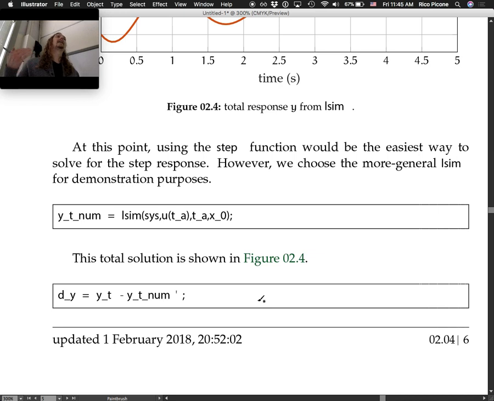So you can look up the documentation on step, it's great. Although we are putting in a step input, I thought it would be worth showing you how to do a more general input with this command, lsim.